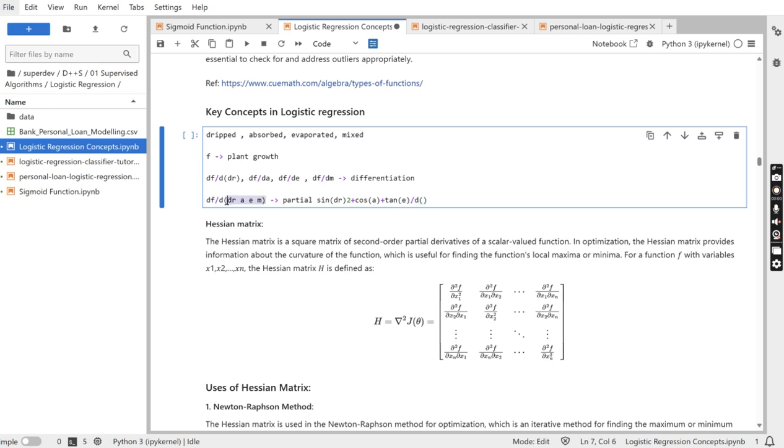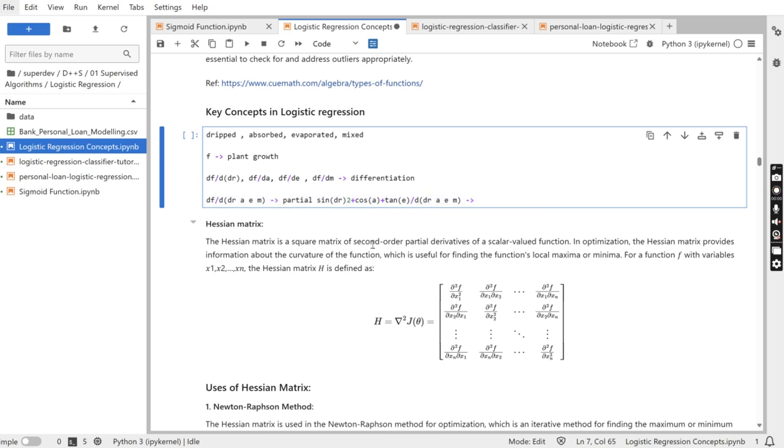Even though I have four parameters here, I differentiate only with respect to dr. Only this term will get differentiated, because the others are not dependent on dr. They will be retained as is. Do you agree? Partial differentiation means you take an equation and differentiate it only with respect to one parameter.